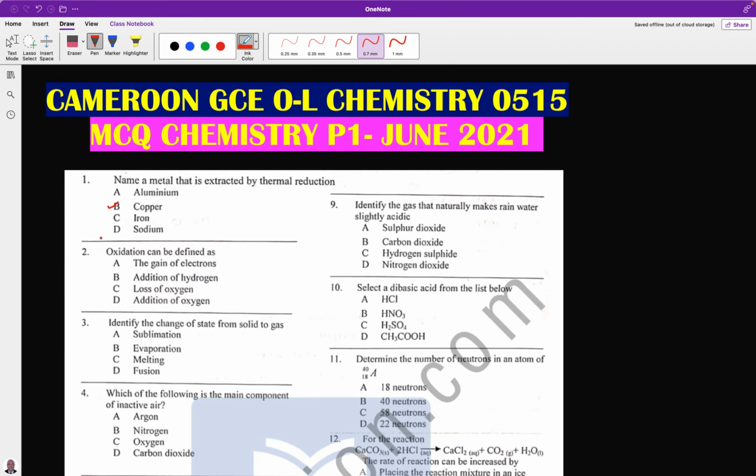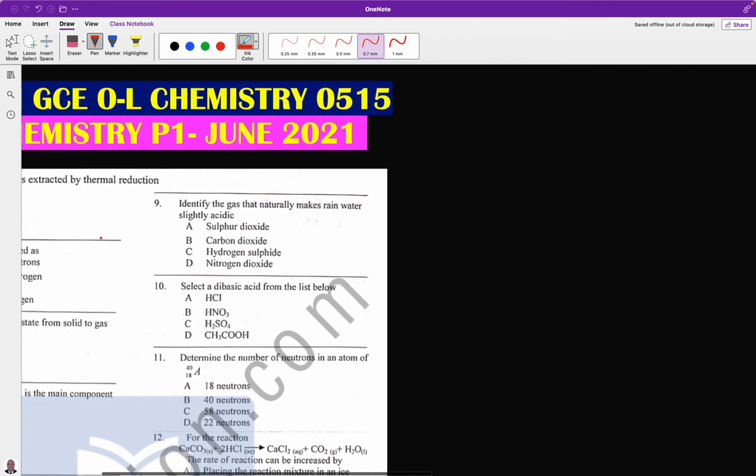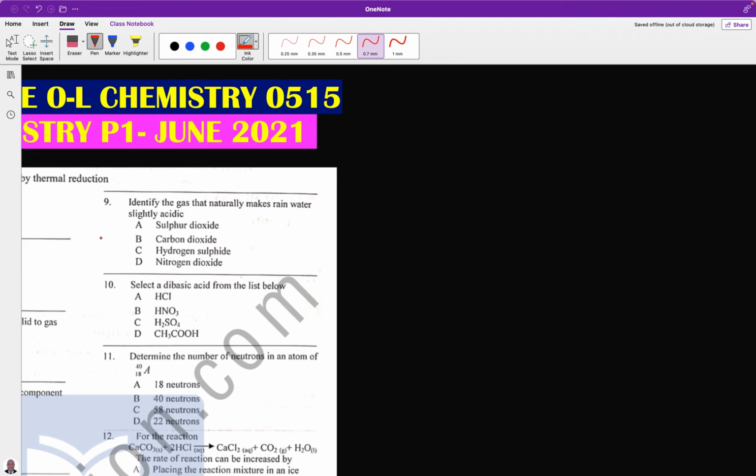Remember that oxidation in terms of electron transfer is loss of electron. Or in terms of oxygen, oxidation is addition of oxygen.